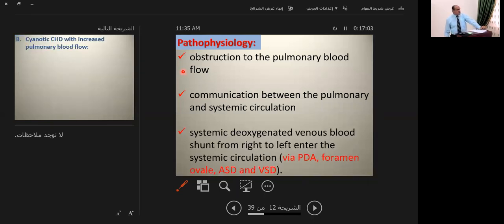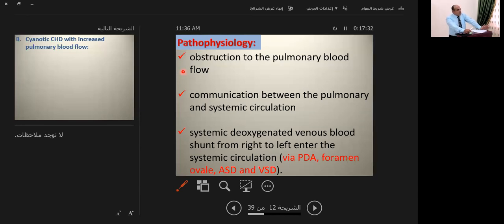Systemic deoxygenation: venous blood shunts from the right to the left and enters the systemic circulation through a communication between the circulations, either the foramen ovale, ASD or VSD. The circulation of the blood will depend on the presence of communication between the two circulations. If there is no communication between the two circulations, there is no systemic blood flow.